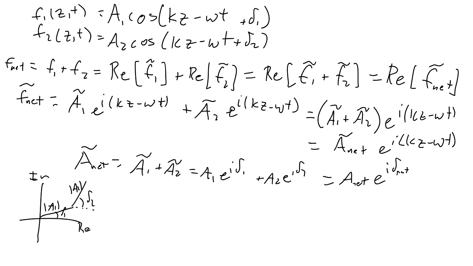Right? So I can just do addition in the complex plane like that. Does that look kind of familiar? Does that look like something we've seen before? That drawing there?